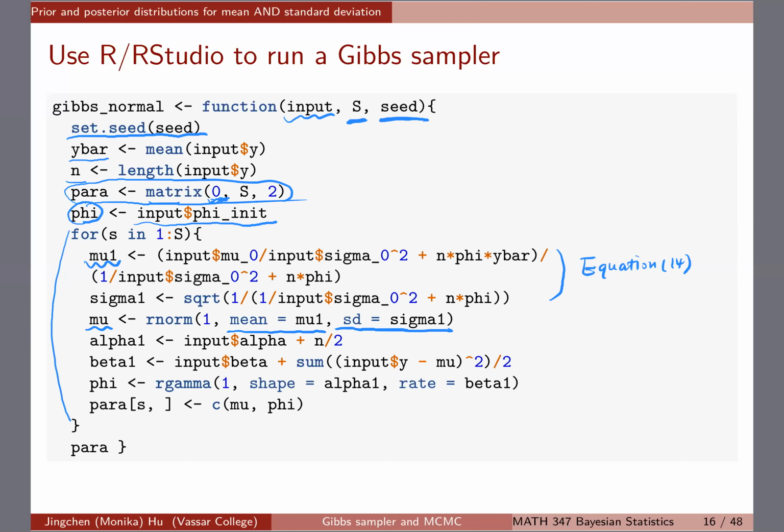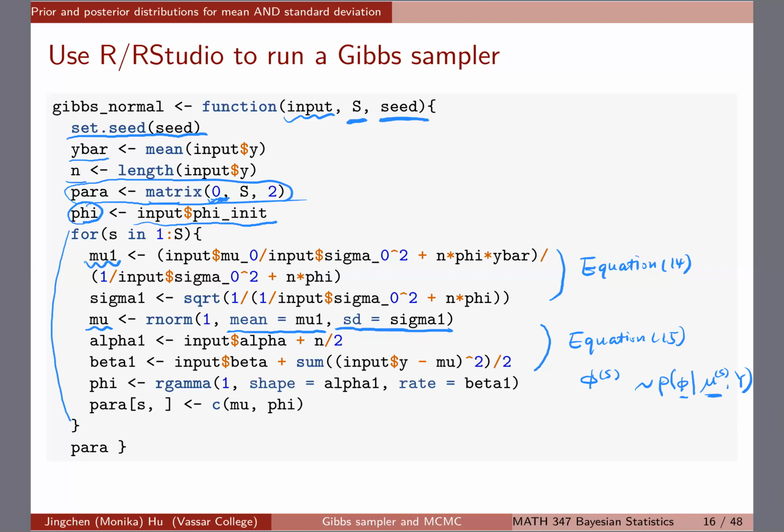And then all of this here is equation 15. That's as soon as you have, remember, as soon as you have your previously drawn mu from this current iteration, I'm going to generate my phi, right?